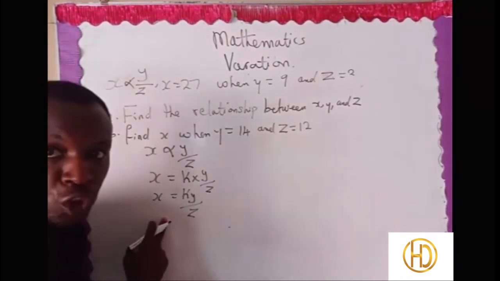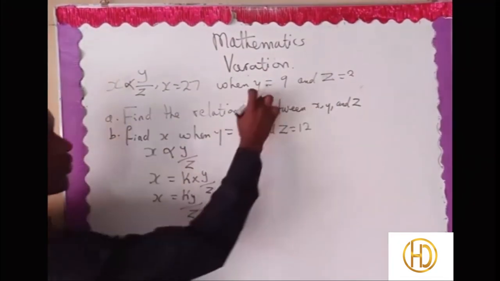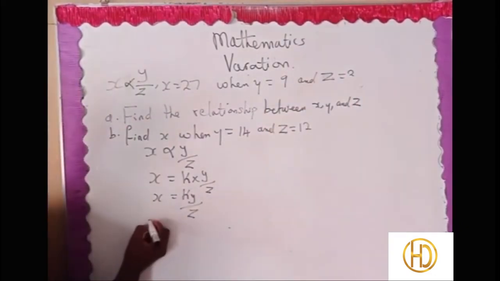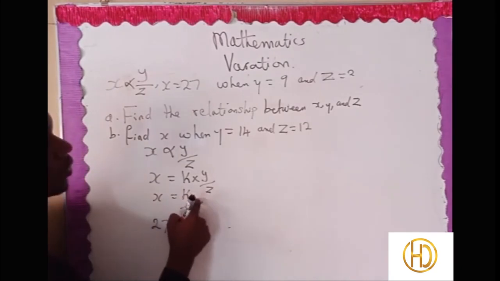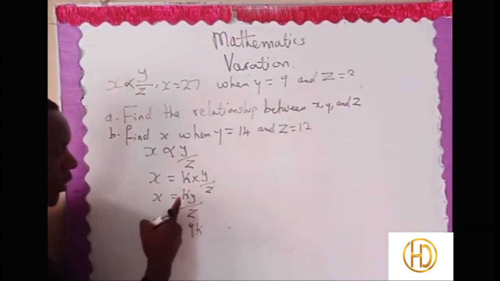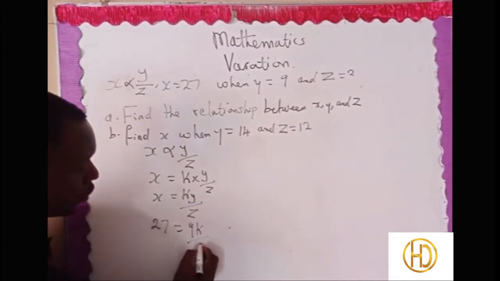Now this is my relationship, but before I can get the final relationship, I will need to substitute these values: 27, 9 and 2. So 27 equals ky over z. What is y? 9. That will be k times 9, 9k over z, which is 2.